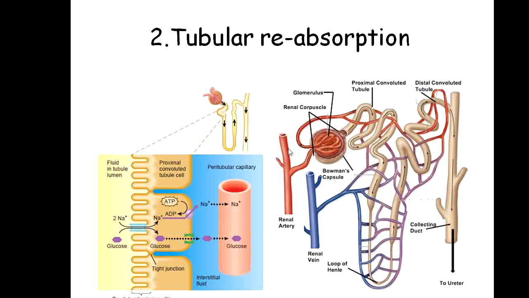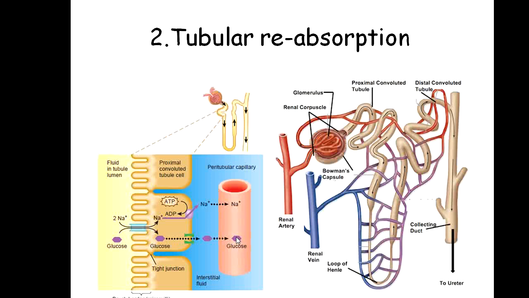So in the proximal convoluted tubule, what will happen? The glucose will be absorbed. The sodium and glucose will be reabsorbed into these blood vessels. This is called tubular reabsorption.